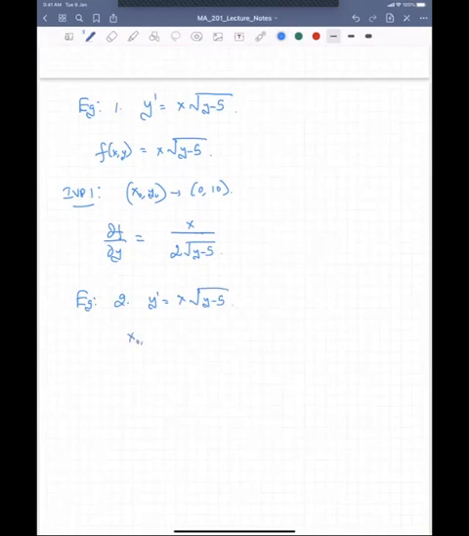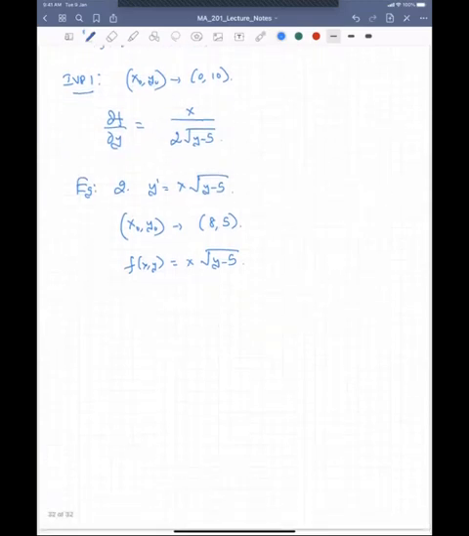And this time the initial value is 8 and 5. Again, there is absolutely no problem with the continuity, right? So f of x comma y is x times square root of y minus 5. And around the point x0, y0, of course, f is 0, but 0 is a perfectly okay number. So this is fine. It is certainly continuous.